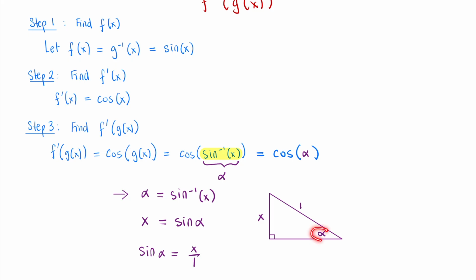And this alpha is the same as this alpha. So to find cosine of alpha, I need adjacent over hypotenuse. To find this side, I use the Pythagorean theorem: a squared plus b squared equals c squared. So to find this, I'll take the square root of c squared minus a squared.